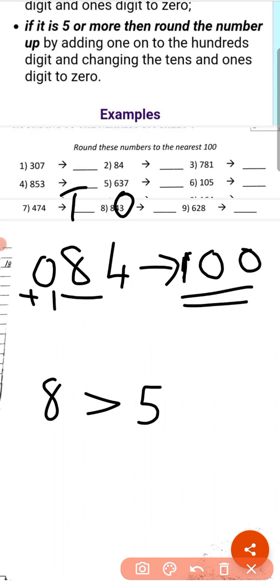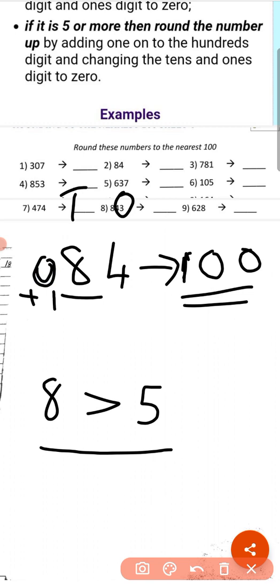Children, here the digit at the tens place is 8. 8 means more than 5. So you should add 1 to the hundreds place. Here the hundreds place is empty. Empty means there is no digit in the hundreds place, so we consider it to be 0.